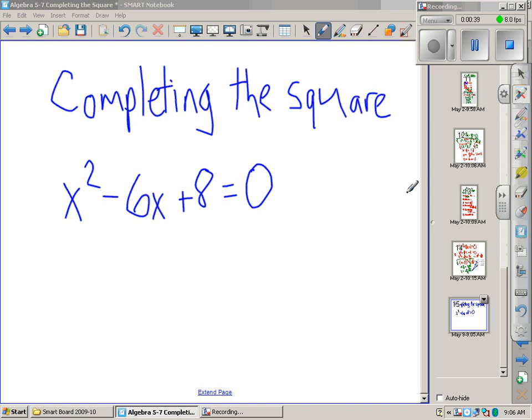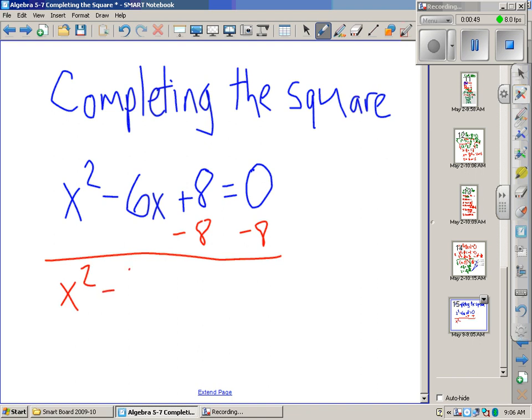What you want to do first is remove the c term to the other side. So we're going to subtract 8 from both sides. When we do that, we're going to leave a hole where the 8 used to be. Then you look at this negative 6 and take half of that.